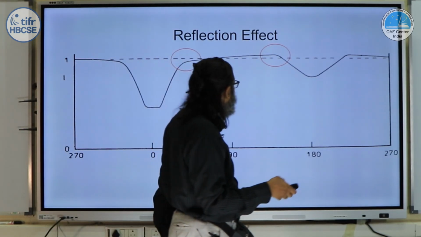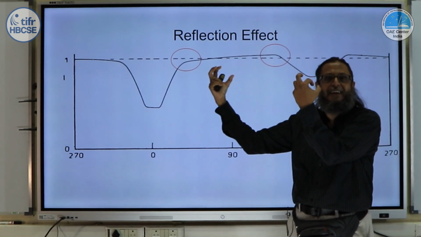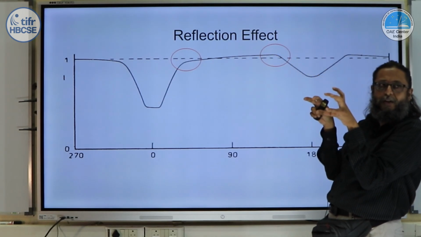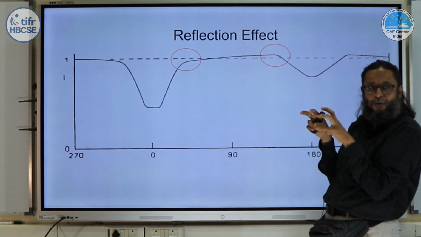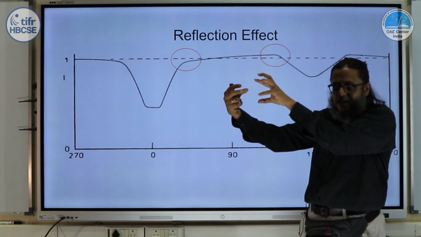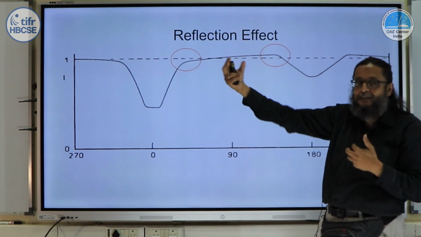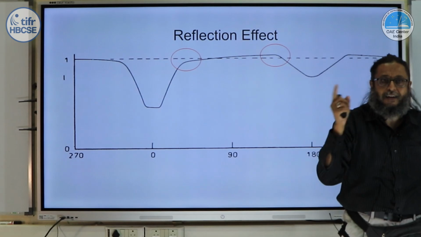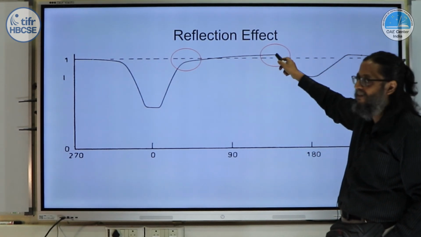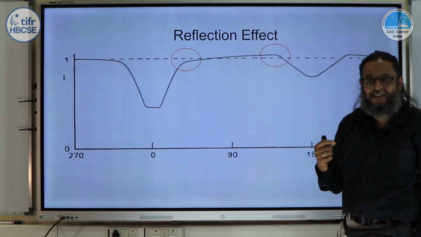So basically what happens in this particular case is that your smaller star, when it is going behind, the light that you see is not just the sum of the two circles that is emitted towards you, but at the same time, some light from the bigger star is getting reflected by the smaller star and coming towards you. So this is known as the reflection effect, and hence you see that the total light, which should remain constant, doesn't remain constant; it increases like this before the second star gets obscured. Okay?